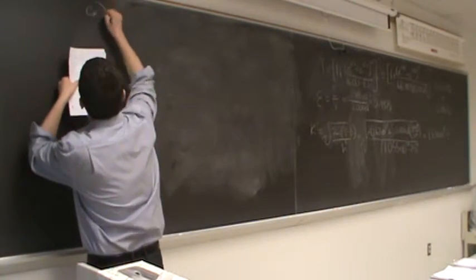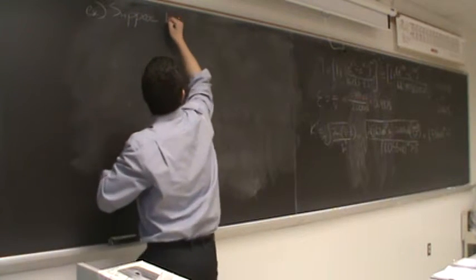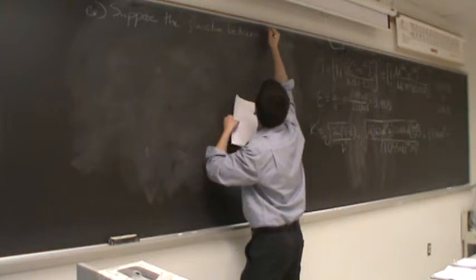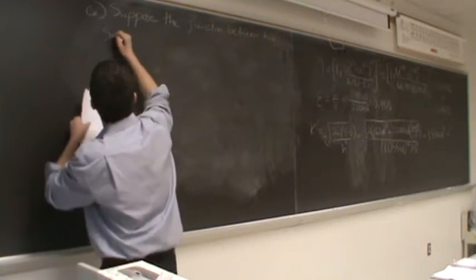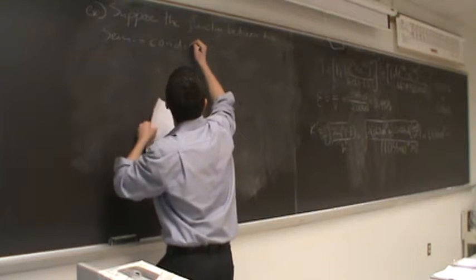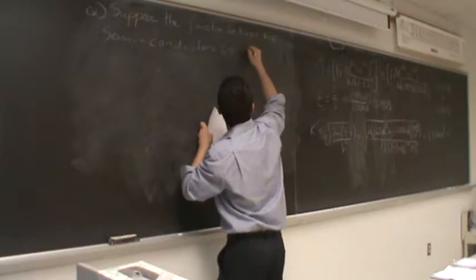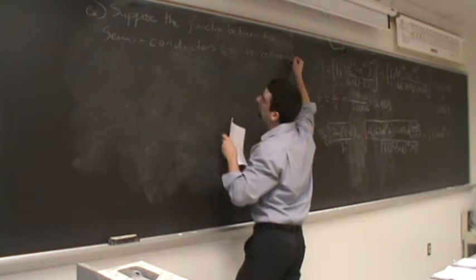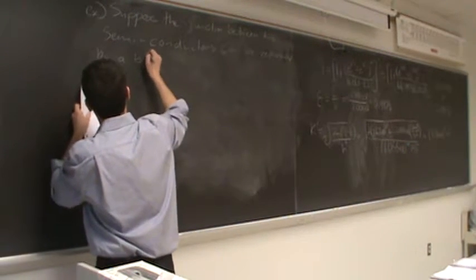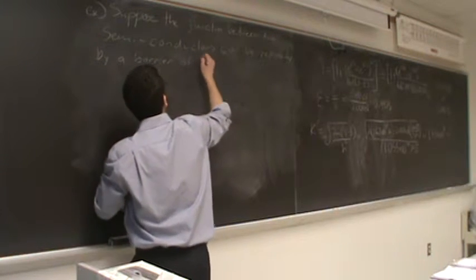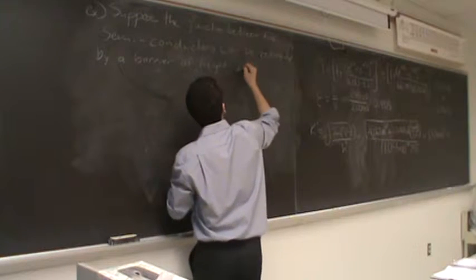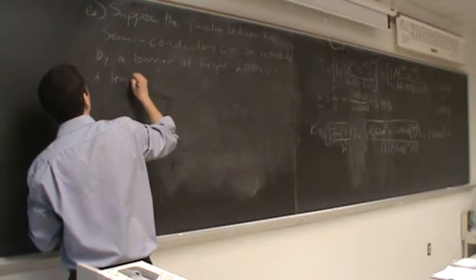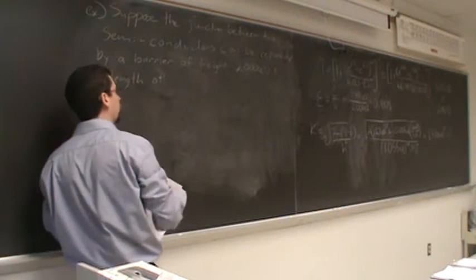Okay, so example: suppose the junction, which is a fun word to say, between two semiconductors can be represented by a barrier height 2.000 eV and a length of 100 gigameters.